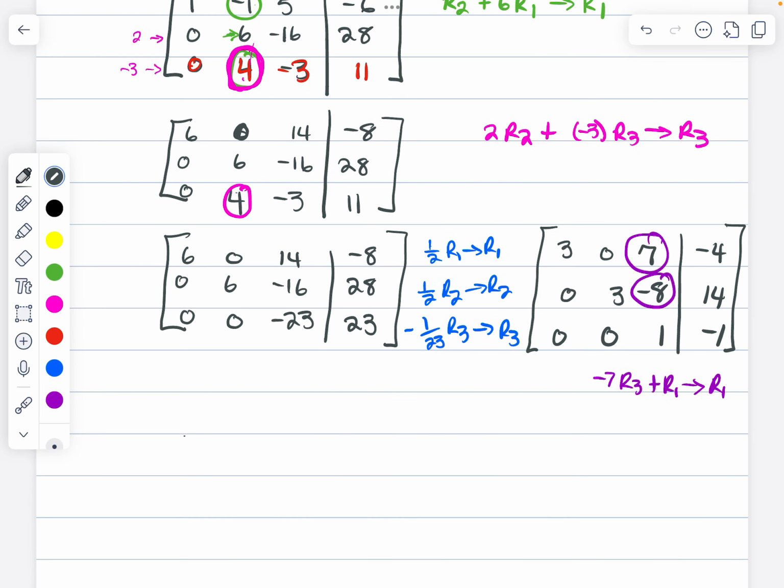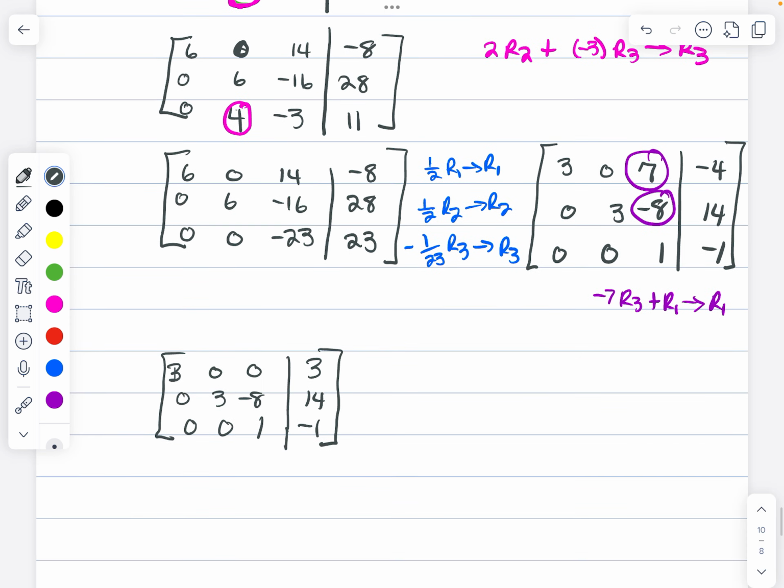So that we end up with 3, 0, 0, 3. And then, of course, we have 0, 3, negative 8, 14. And yes, you can do more than one operation at a time, but if you think you're going to get it confused, just stick to one operation at a time.